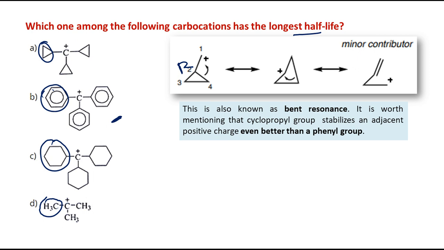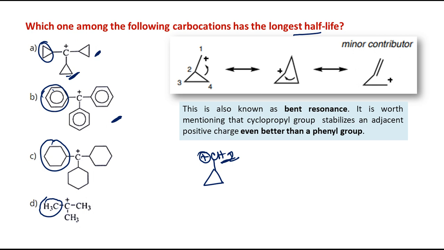So here you can see this example. This is basically cyclopropane and it is attached to CH2 plus. Simply consider this carbocation. Basically, if you replace 2 more hydrogens with 2 cyclopropane rings, you will get the first carbocation given in the question in option A. So basically CH2 plus attached to cyclopropane.